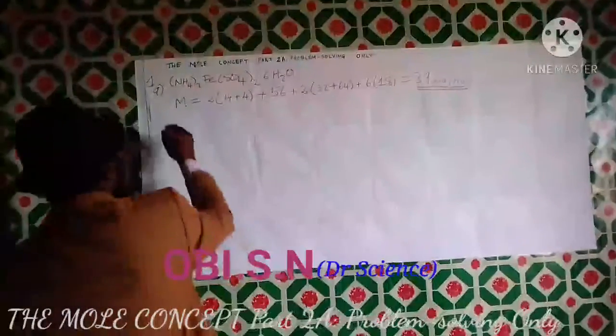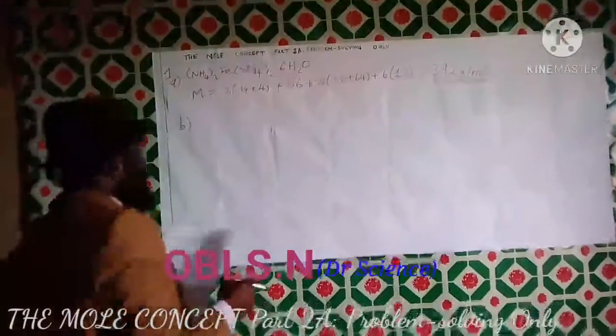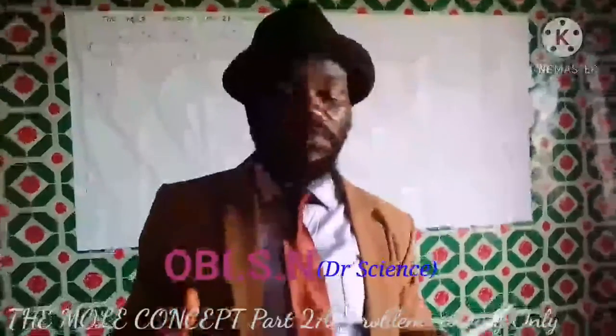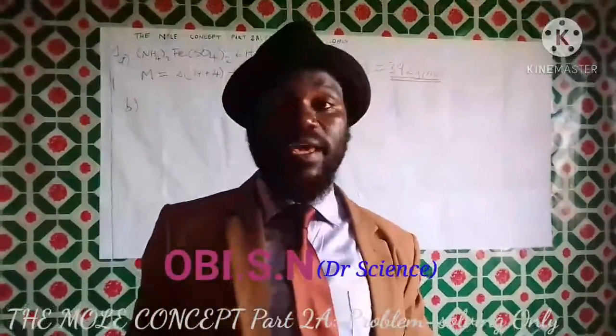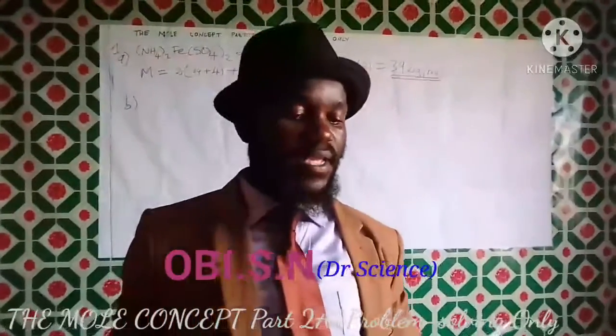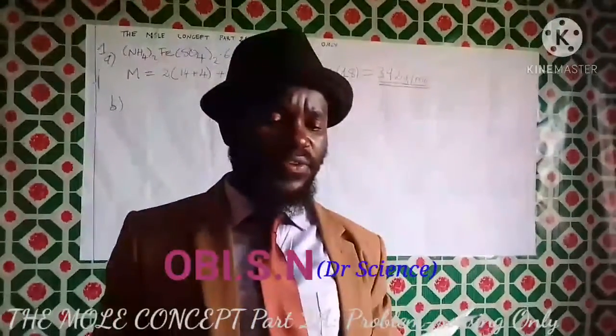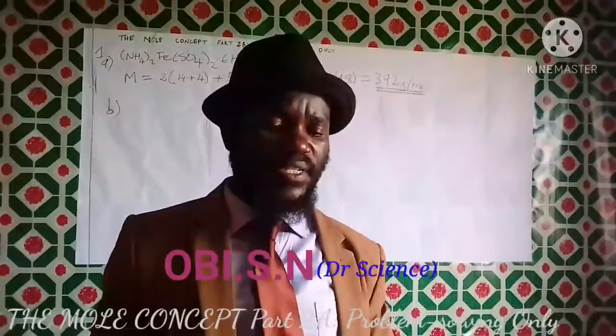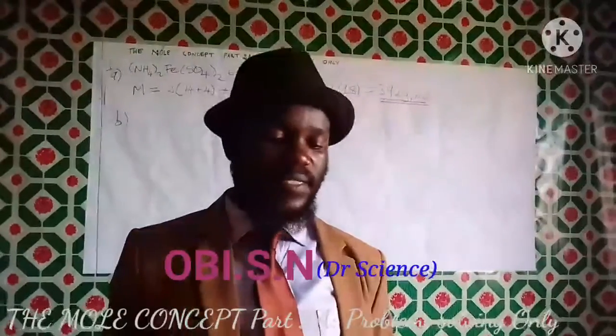Now let's go to question 1B. 1B says, calculate the number of moles in 20 grams of the Morse salt. Hence or otherwise, calculate the number of molecules of this salt present in 20 grams of it. So we have 2 parts in this question.